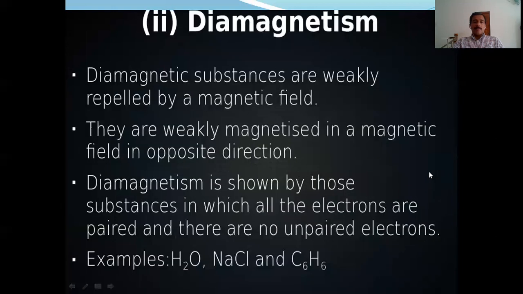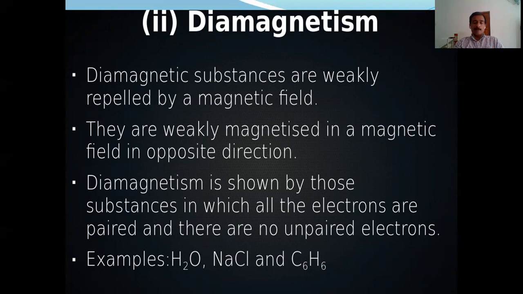Next, diamagnetism. Diamagnetic substances are weakly repelled by a magnetic field. For example, if you bring a strong magnet near such a compound, that will be repelled. If you bring it near to water, you can see water will be repelled in the magnetic field.